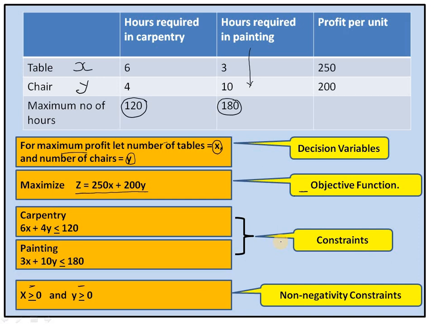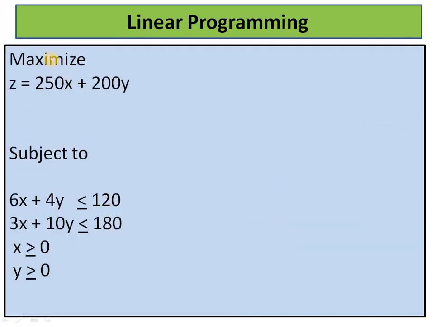So how will we formulate this? Maximize Z equal to 250X plus 200Y subject to 6X plus 4Y less than or equal to 120, 3X plus 10Y less than or equal to 180. It is less than or equal to; it can be maximum 120.